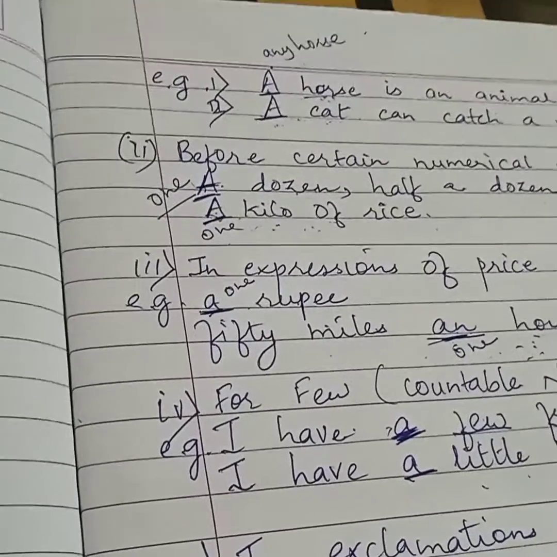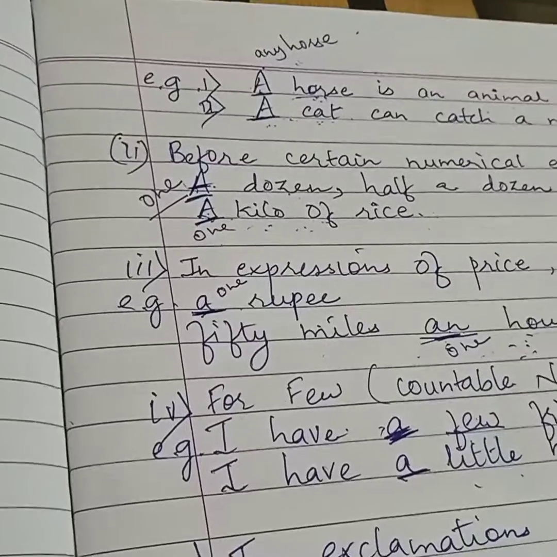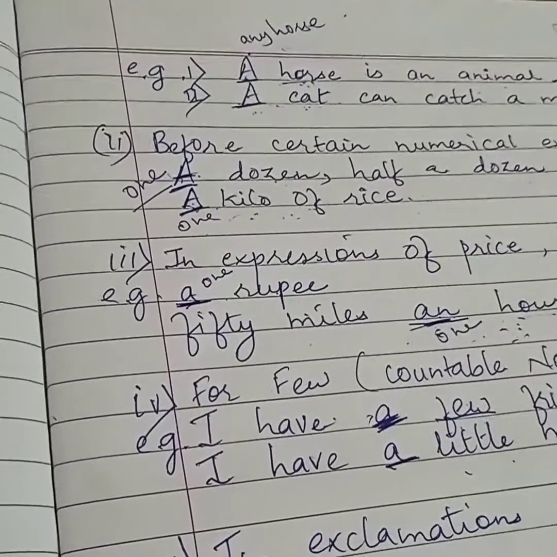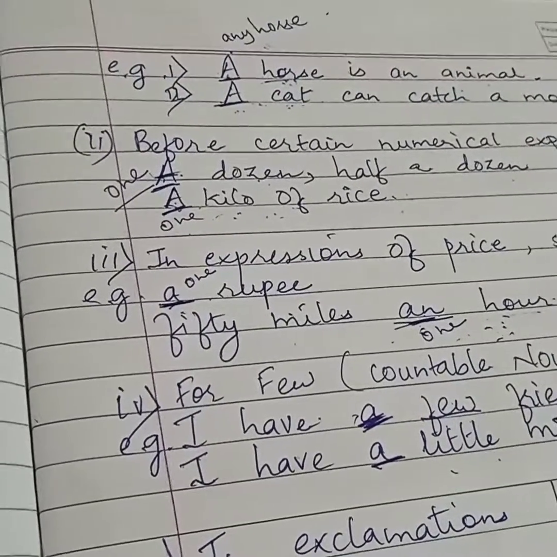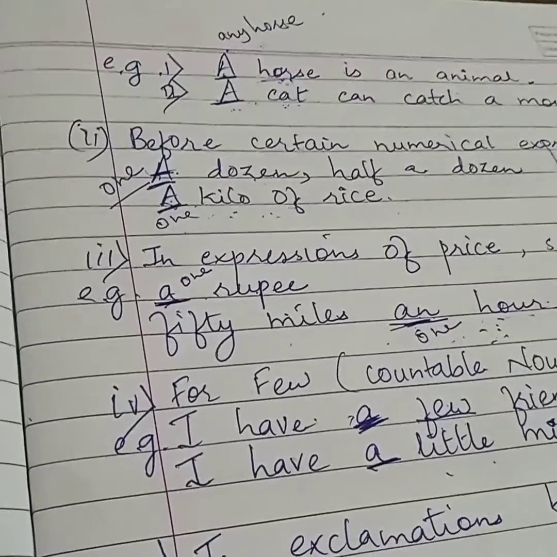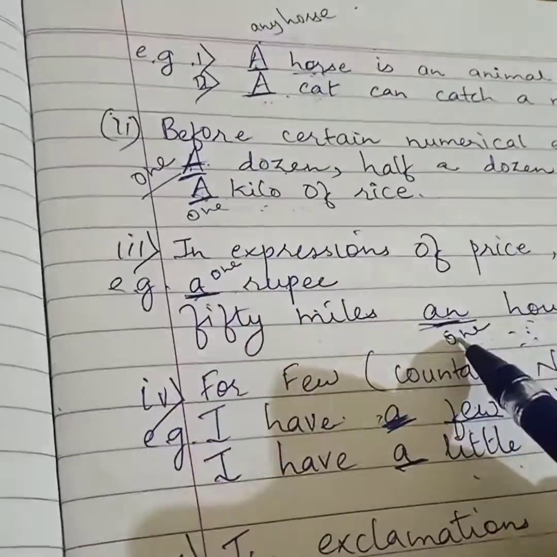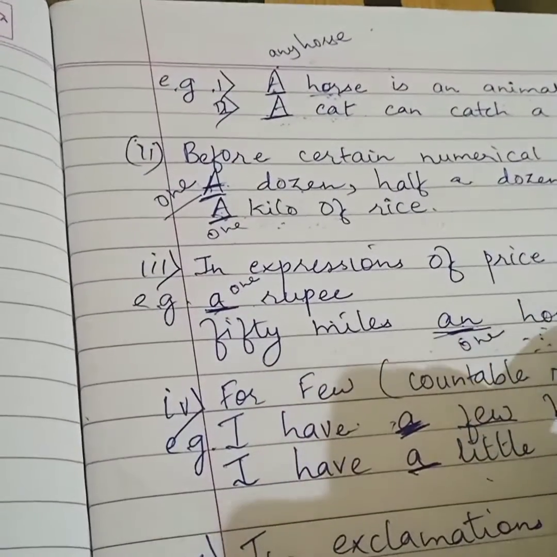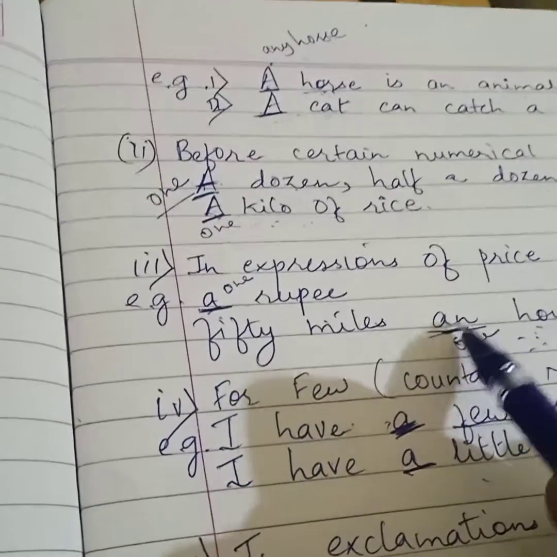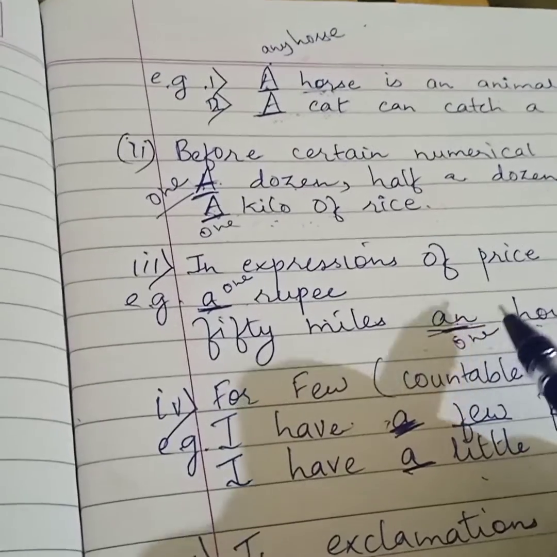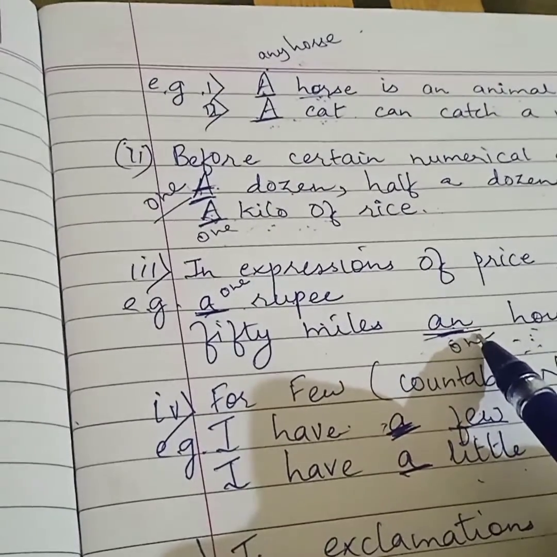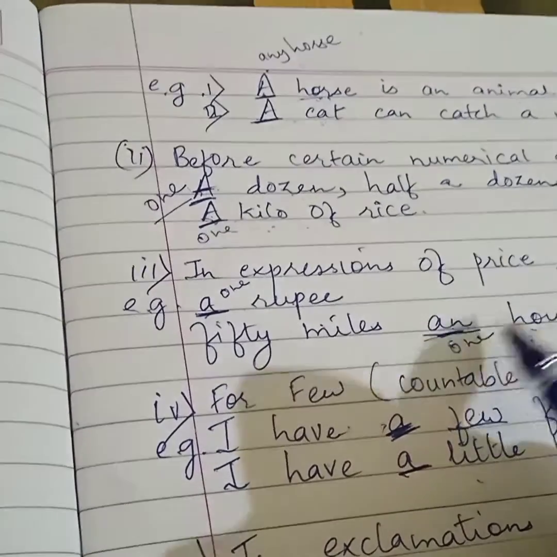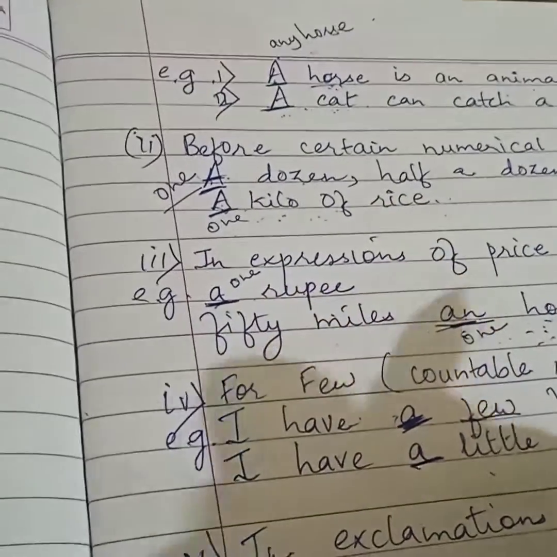A rupee meaning 1 rupee. Then 50 miles an hour. A car can travel 50 miles an hour. An meaning 1 hour. Okay. Article AN is used for indicating 1 hour.